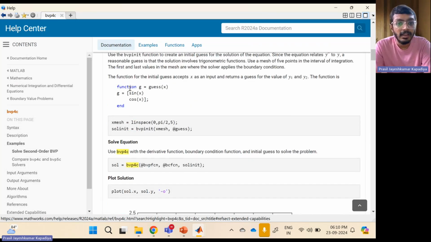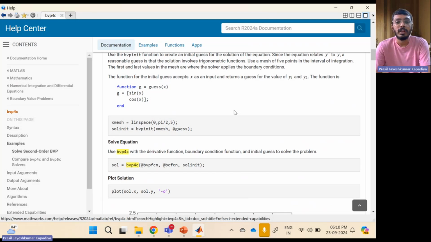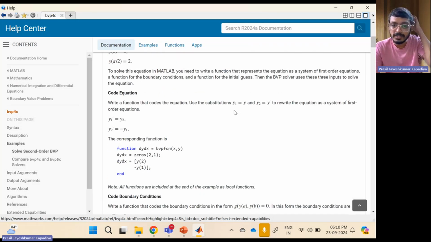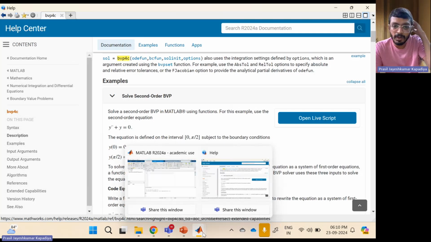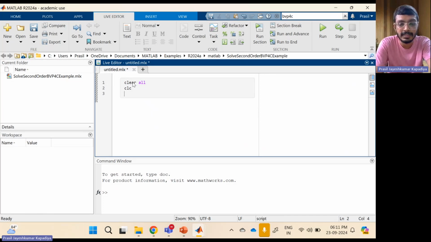And the initial guess, we actually don't need to mention it like this. I will show you how we can simply do it. So let's write down the code for this. The question is d square y by dx square plus y is equal to 0. I will first do clear all, clc.